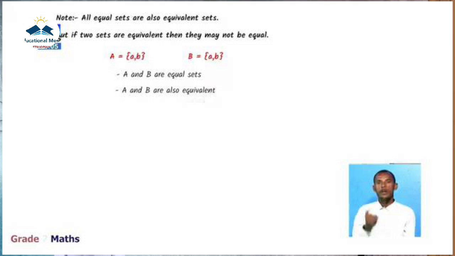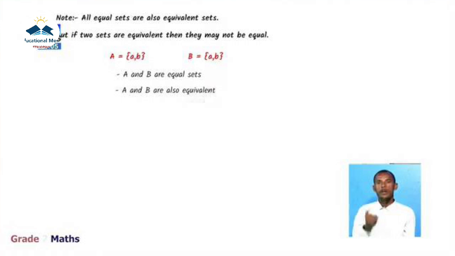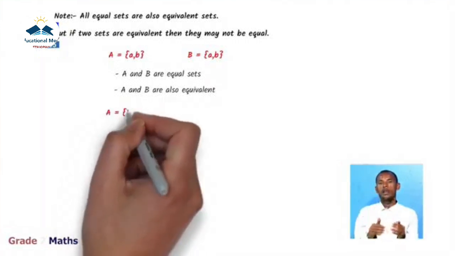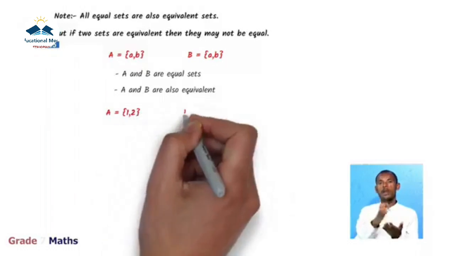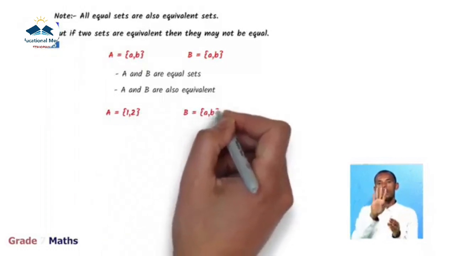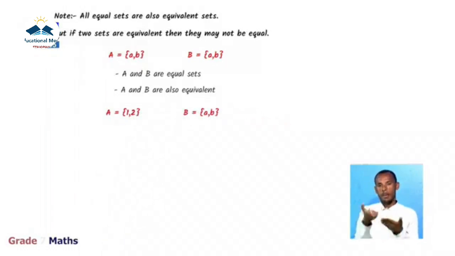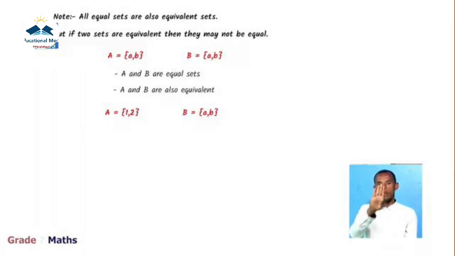Now, but equivalence does not imply equal sets. Let's see this, for example. If you take set A contains the elements 1, 2, and set B contains the elements A, B, these two sets, they are equivalent. The number of elements here is 2.